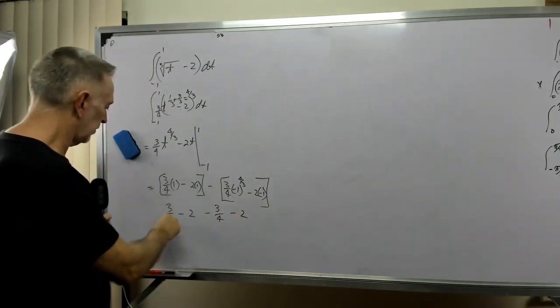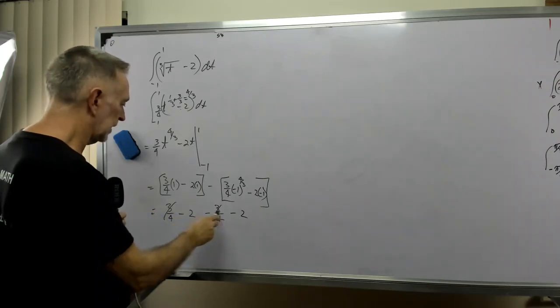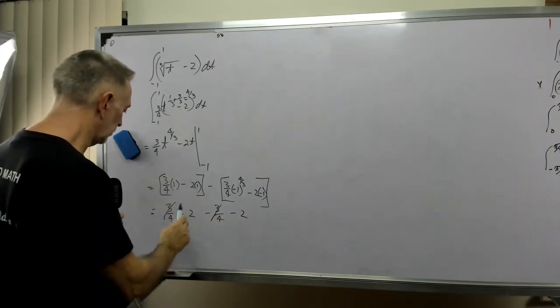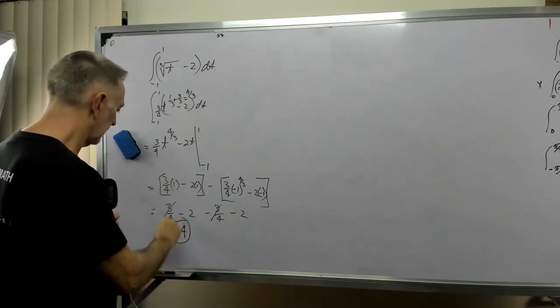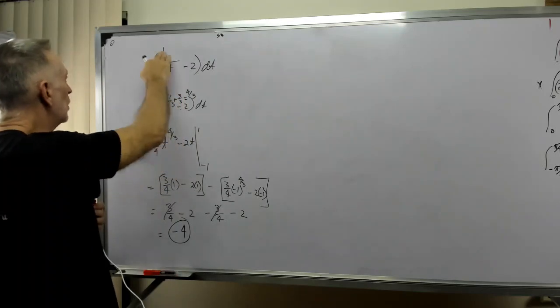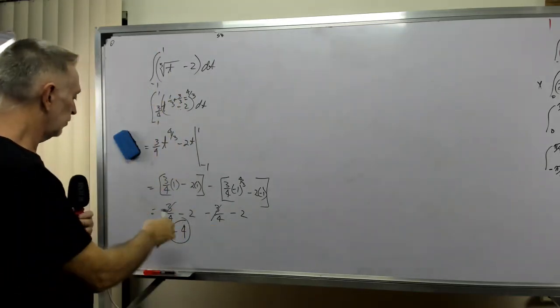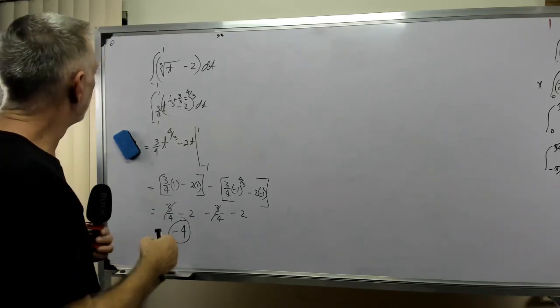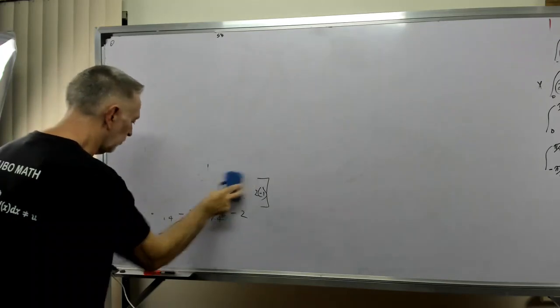Whoa, what do we have? 3/4 minus 3/4. Those cancel. -2 minus a positive 2 is plus a negative, and that equals a -4. So that integral from -1 to 1 of the cube root of t minus 2 gives me a -4. Okay, so far so good.